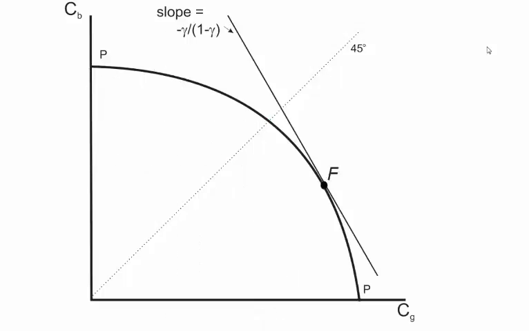Now there's one other possible point that's worth considering here, and that is F. F is the point on the PP frontier that has the slope equal to minus gamma over 1 minus gamma. That is the point on the frontier with the highest expected value.